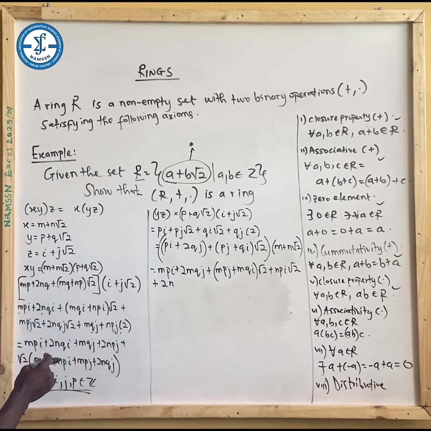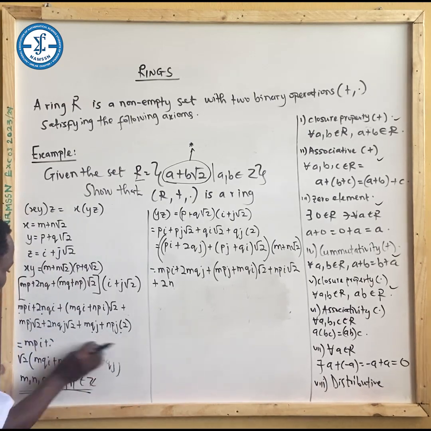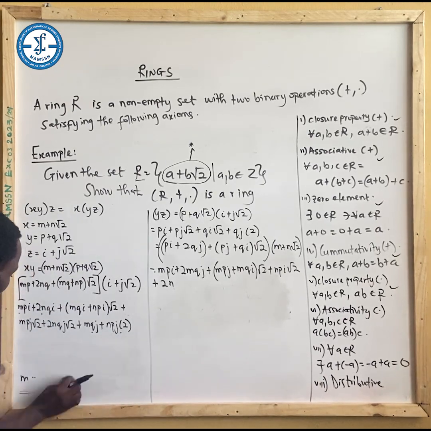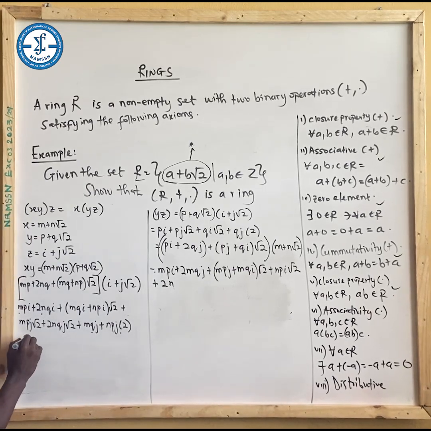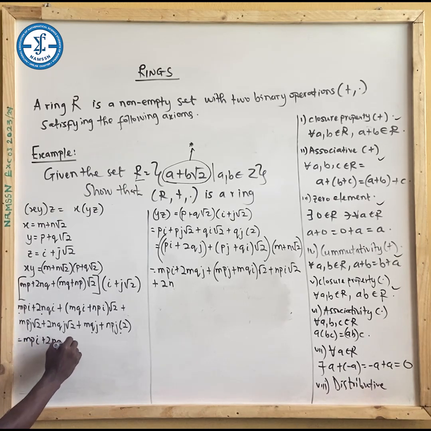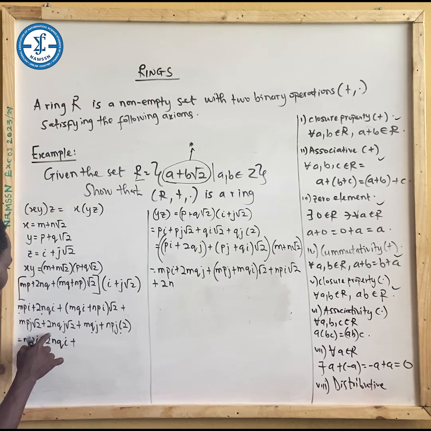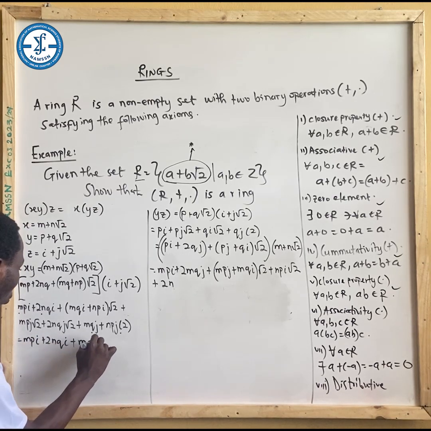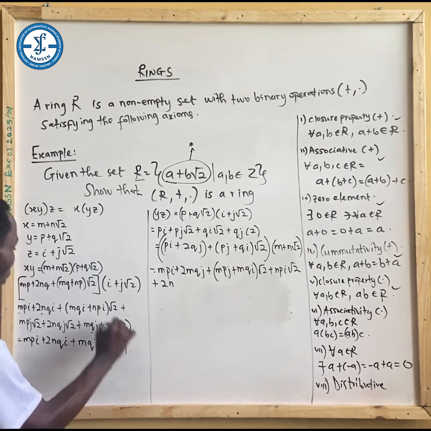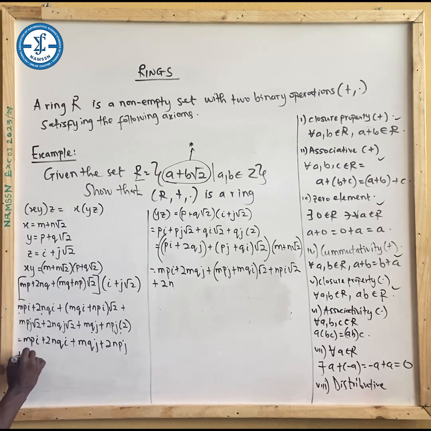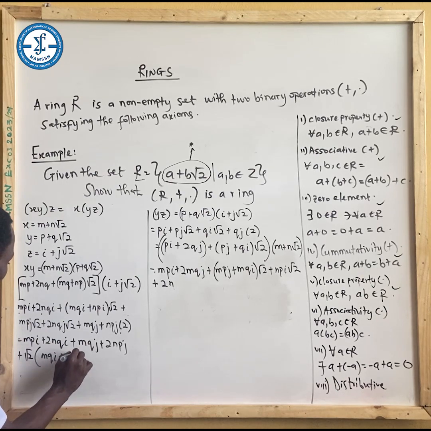Okay, there's a mistake somewhere. I get my mistake. So here I'm going to have mpi plus 2nqi plus mqj plus 2npj plus root 2 all into, I have root 2, that's nqi plus npi.